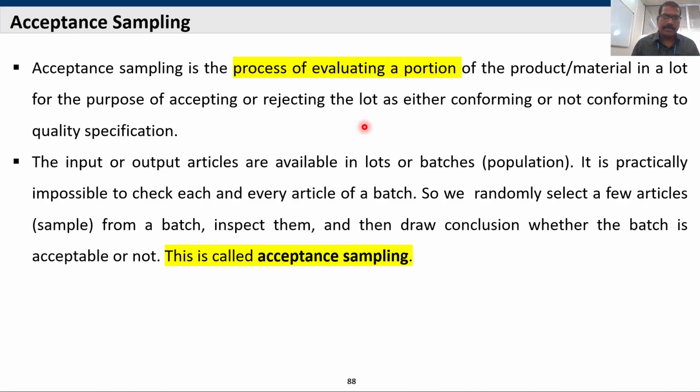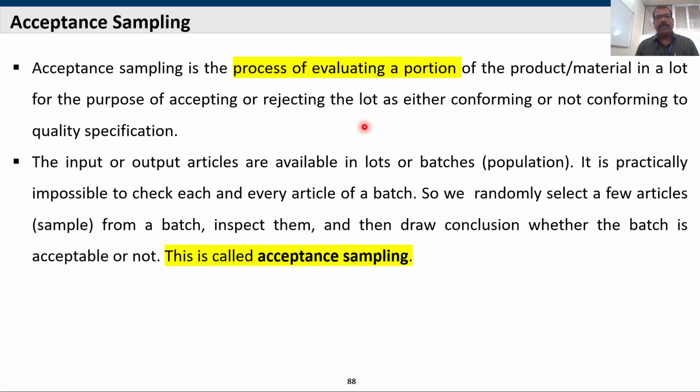If you are doing 100% inspection, the unit cost will increase, because the inspection cost will be added to your product price, so the customer will be getting it at a higher price. So it is not advisable to do 100% inspection of all products, unless that particular product requires 100% inspection. But in mass production, mostly they won't go with 100% inspection, they will go with sampling.